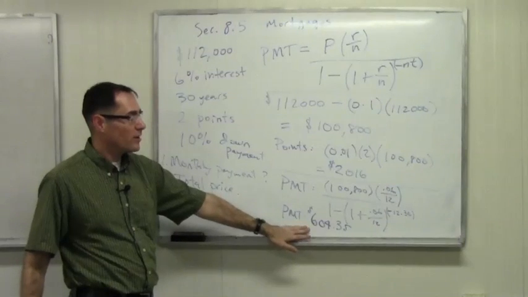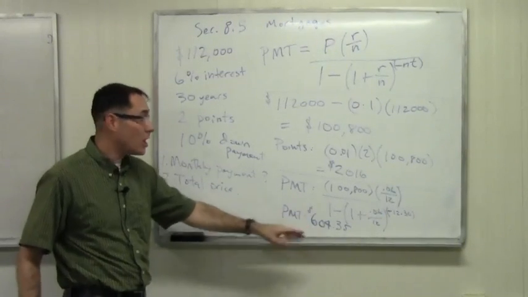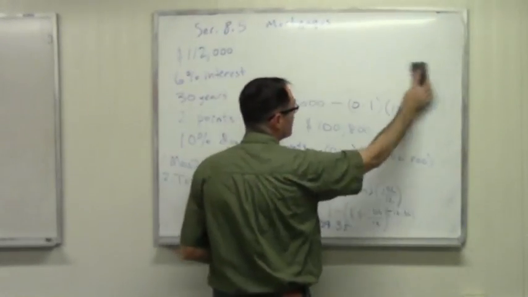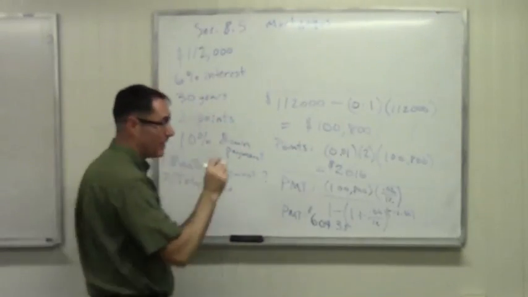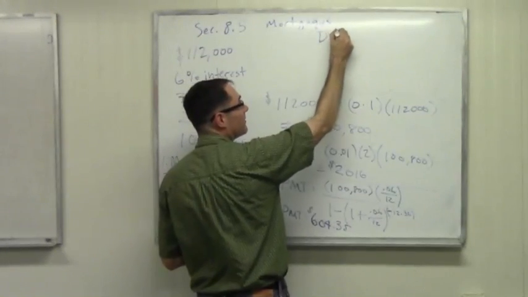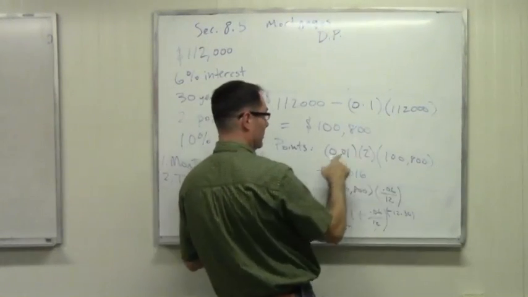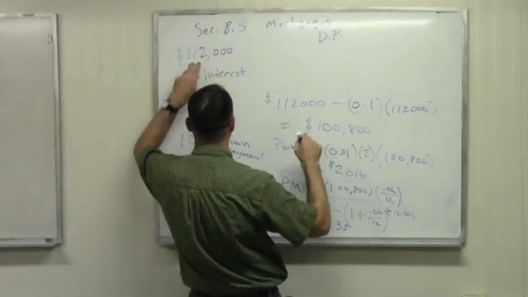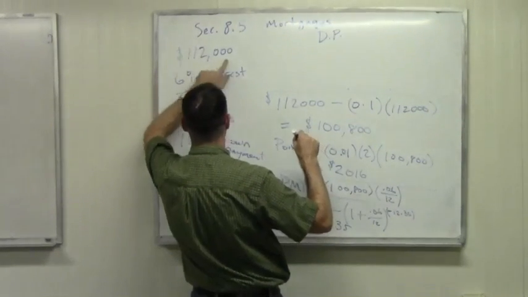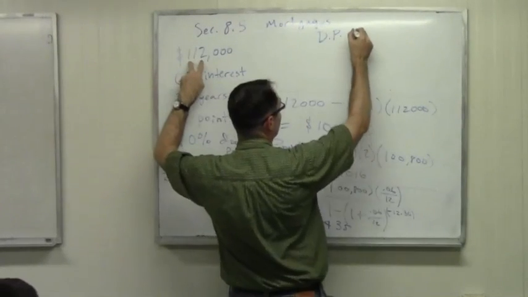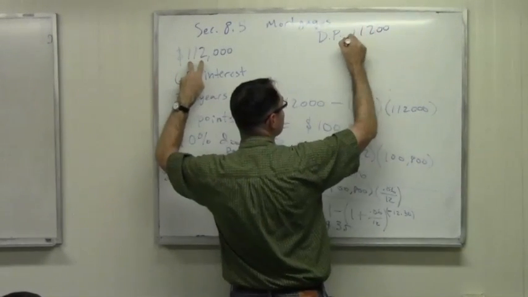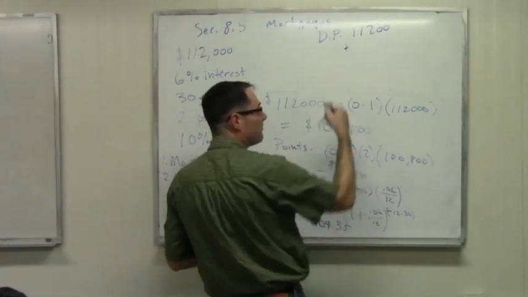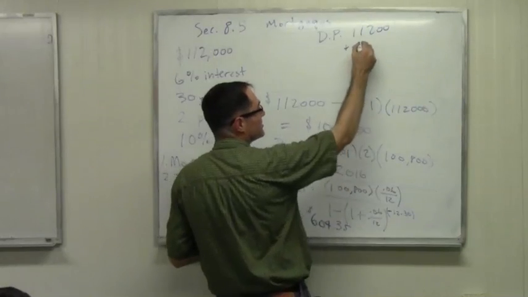Okay. Now, the payment's $604.35, but we have to figure out what the total cost, total price of your house was. You have to consider everything that you paid. So the total cost: you've got your down payment, which was 10%, so $11,200, plus the points, because you did pay that money, $2,016.